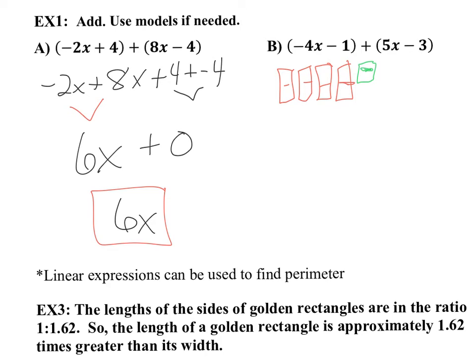So that represents negative 4x minus 1. And then the 5x, that's positive, so I'm going to have 5 positive coefficients. And then finally, I will have 3 negative constants.